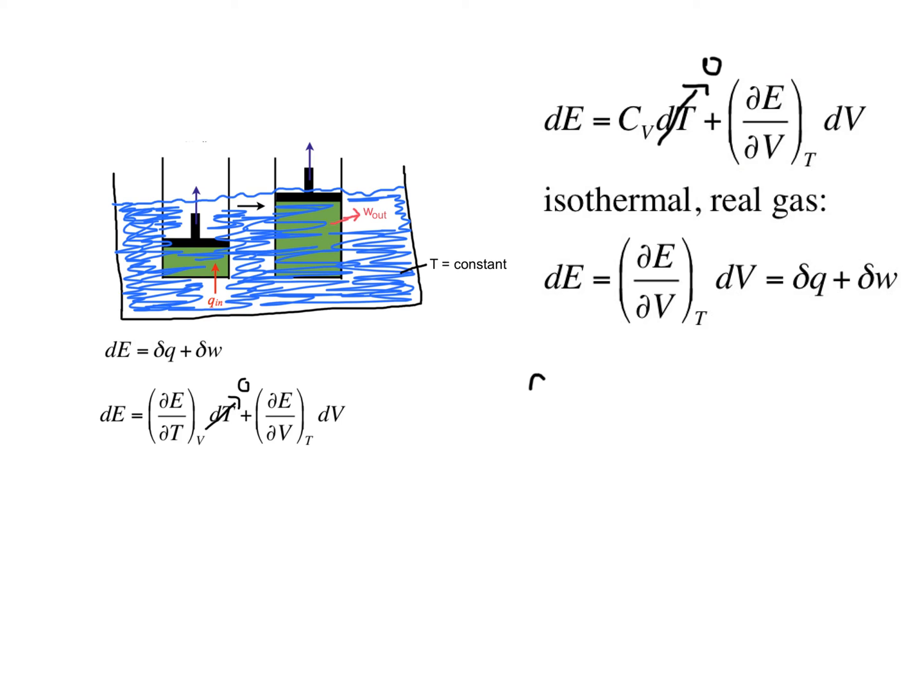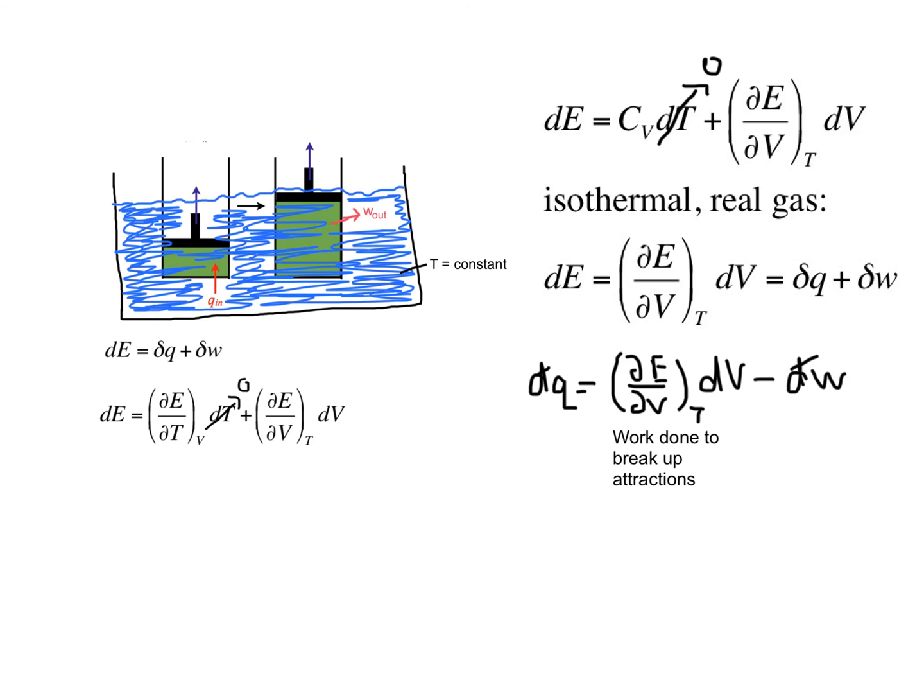Solving for dq, we can see that dq is equal to the partial derivative of energy with respect to volume at constant temperature, dV, minus dw. And so dq, in this case, for the real gas, is equal to the amount of energy required as heat to keep the temperature constant for the ideal case, plus this correction for the gas not being ideal.